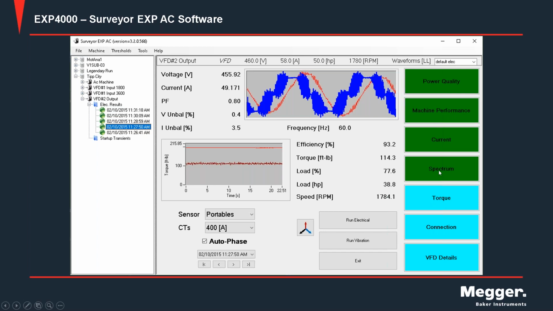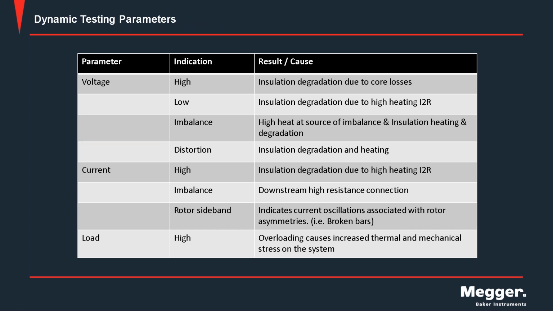So spectrum includes rotor bar spectrum, voltage, current, and torque spectrum. Here you can see a little bit of that torque waveform, that mechanical indication that we have there. And then up here at the top, we have our voltage waves and our current waves. And of course, for a VFD, that's pretty common. We get this really high frequency content, the PWM driven shape of the voltage that's going to be applied at a specific voltage and frequency.